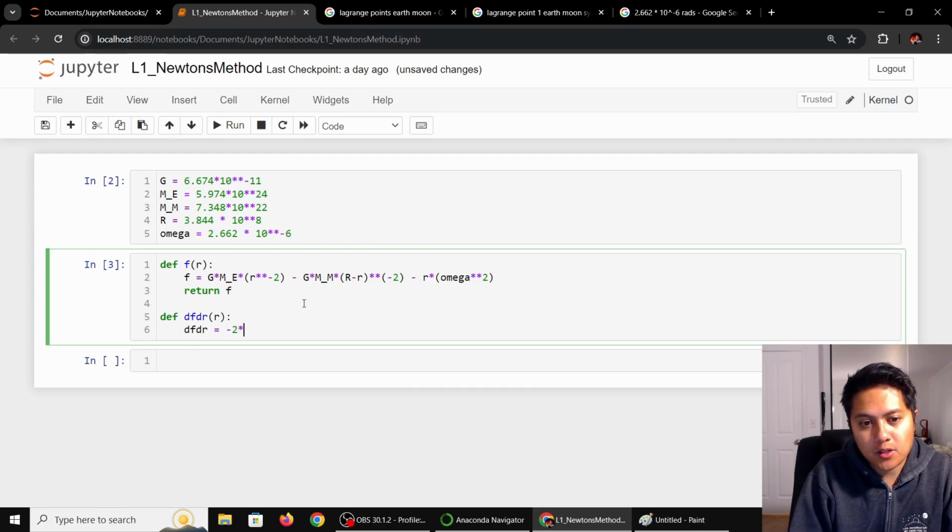So this is minus 2 times G times M_e times r to the minus 3. This is still a negative, so this is plus 2 times G times M_moon times big R minus r to the minus 3, minus omega squared, right?